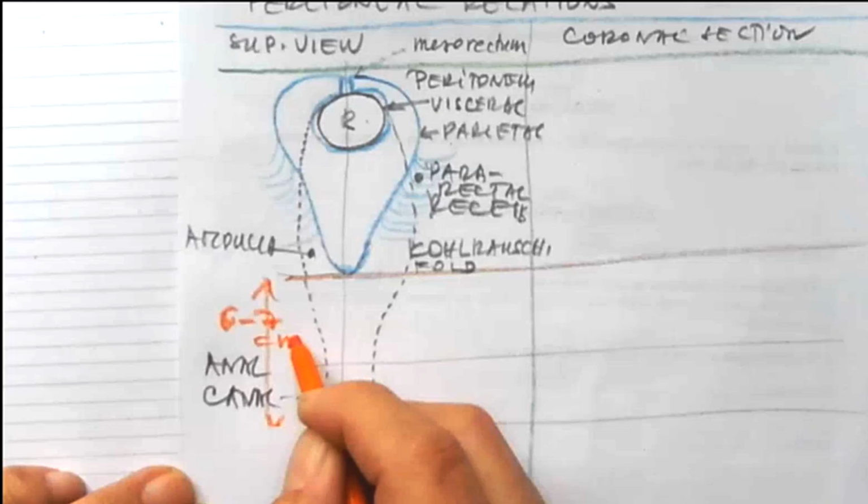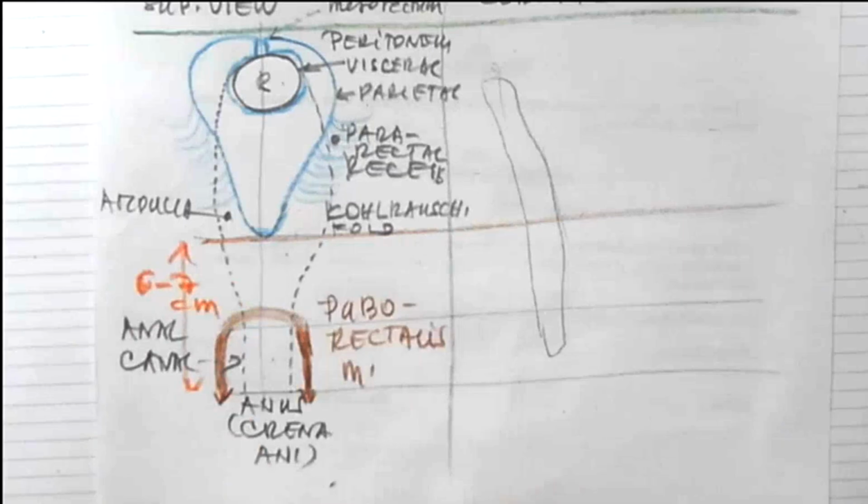All of us know that the puborectalis muscle acts as a tertiary sphincter. It contracts, closes the anus, relaxing in defecation, opens. So this is the puborectalis.